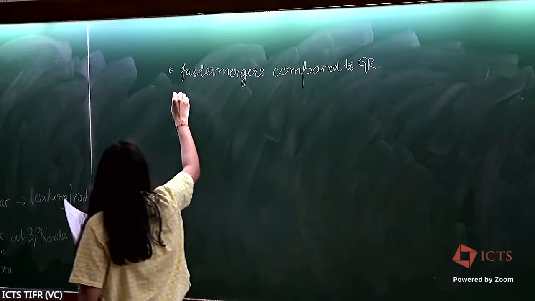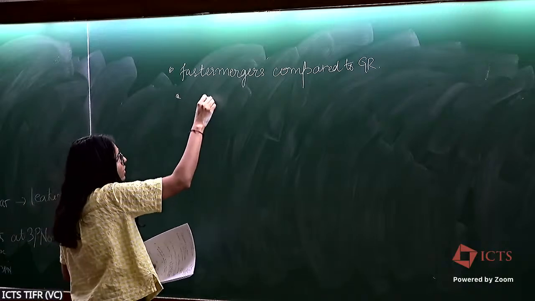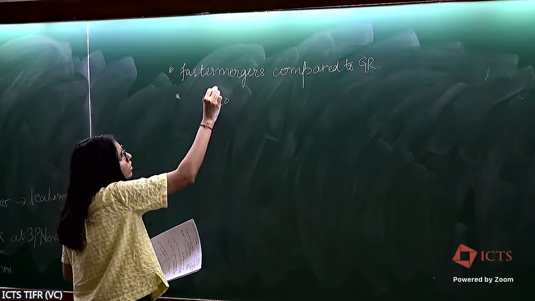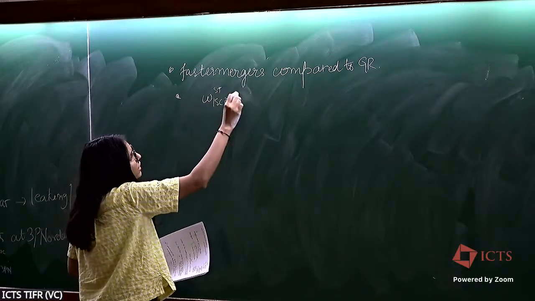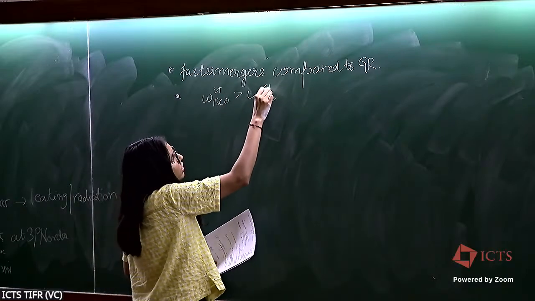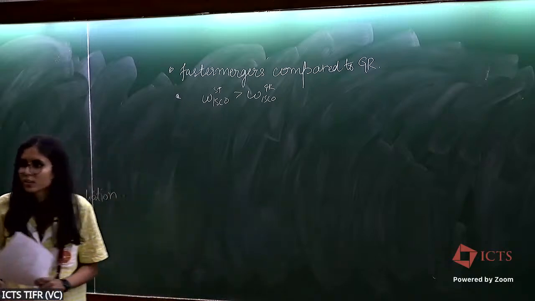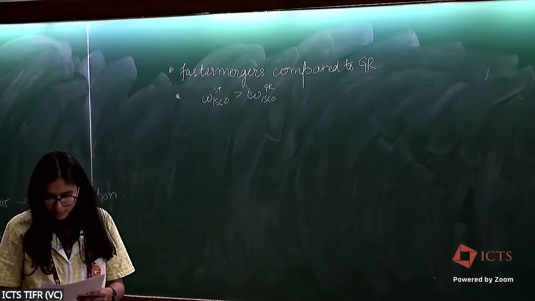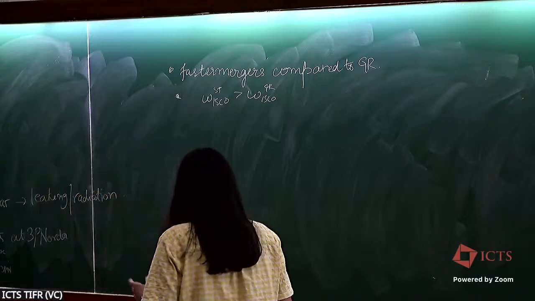Compared to GR, which implies that the frequency that you computed of ISCO in scalar tensor theory would be larger than the frequency that you compute for GR. If that's the case, then it will introduce some sort of a phase shift in the waveform.